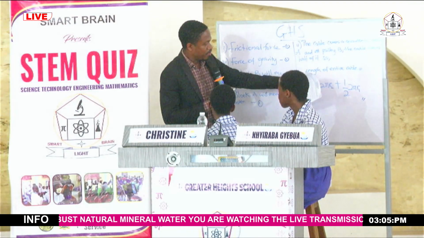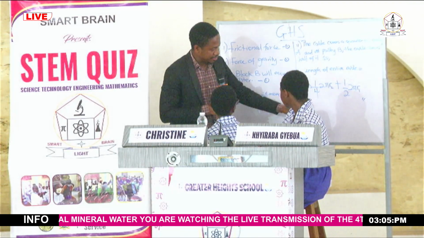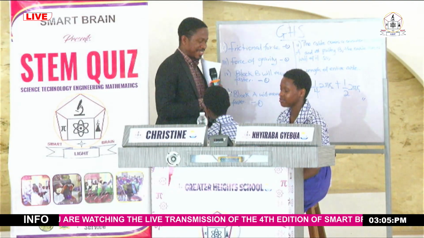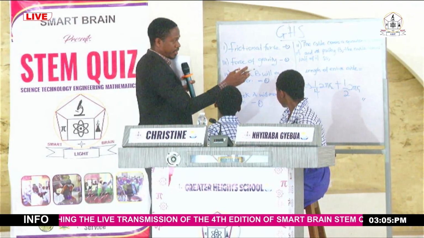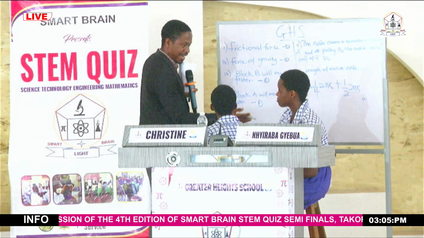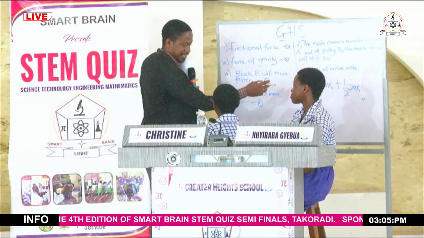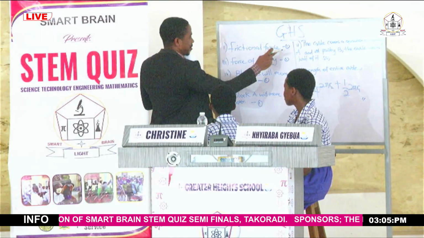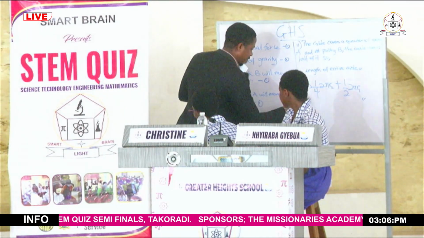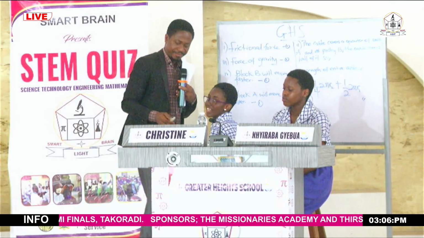If there's no equal sign, we would assume you are trying to find it for pulley A and B, so I can't award a point on that. Sorry. Okay, so one, because your equal sign means what is on the left is equal to the one on the right. And that is not the length of the entire cable, so that's incorrect. So 1, 2, 3, 4. Greater Heights, 4 points. Okay.